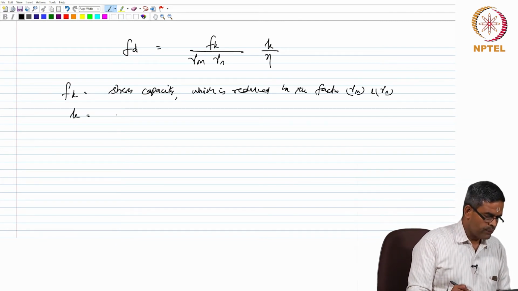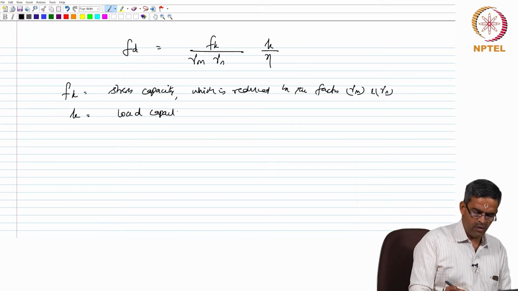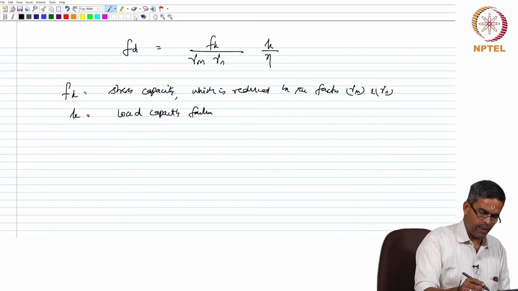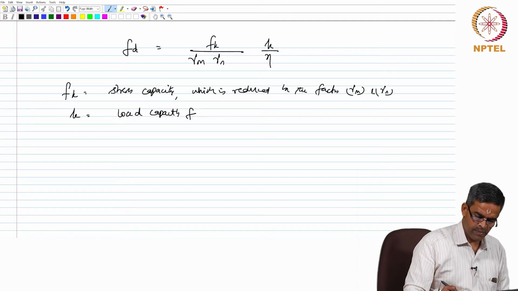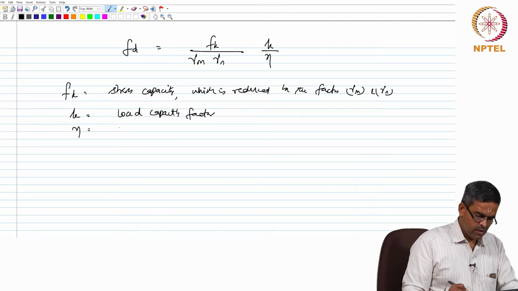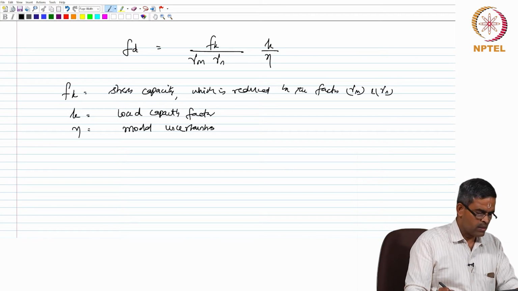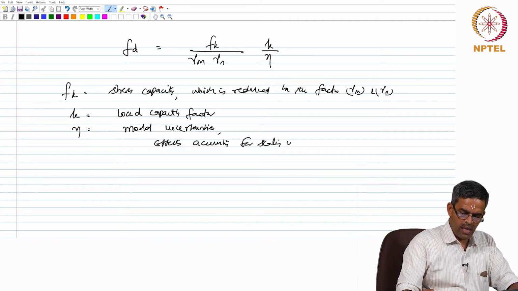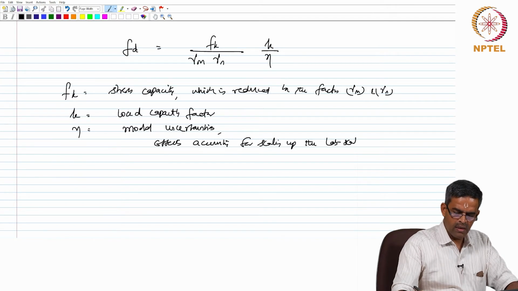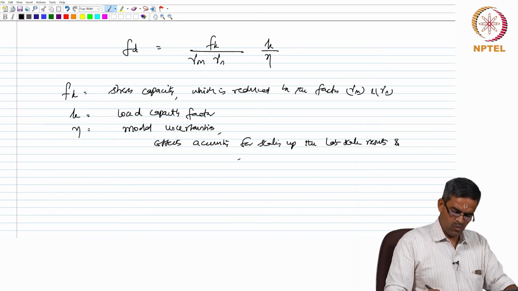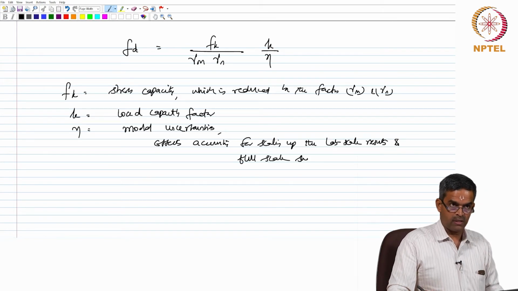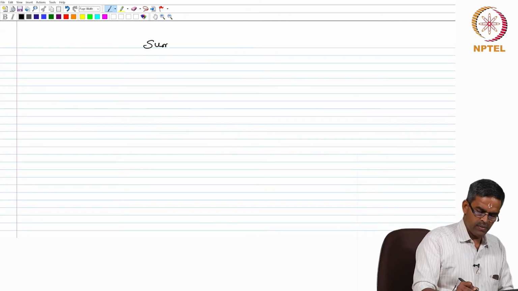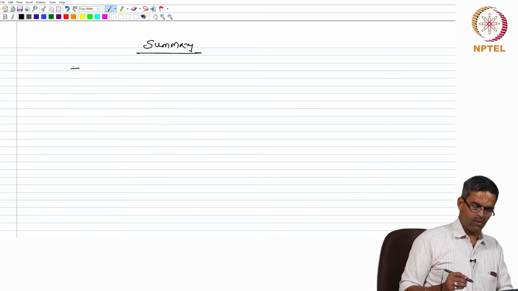K refers to the load capacity factor, and eta refers to the value accounting for model uncertainties and the effect of scaling up the lab scale results to full scale structure.